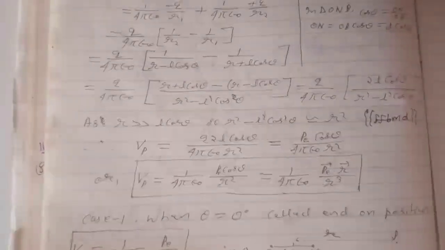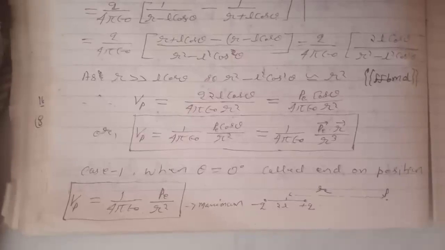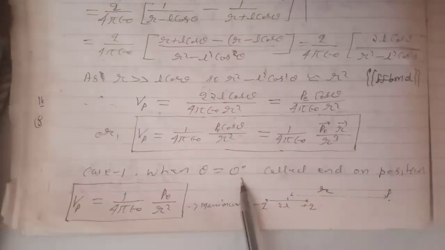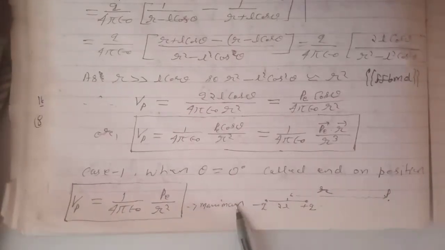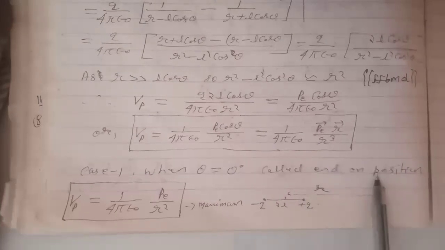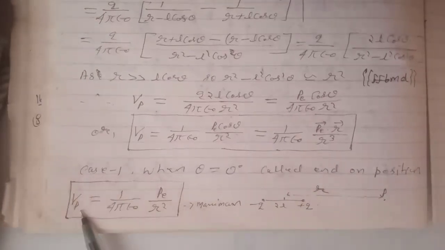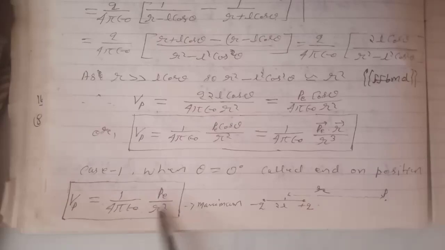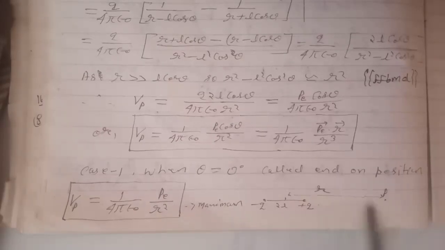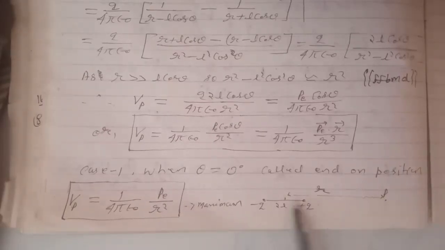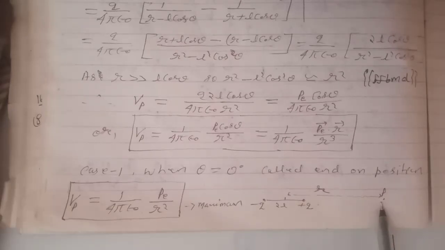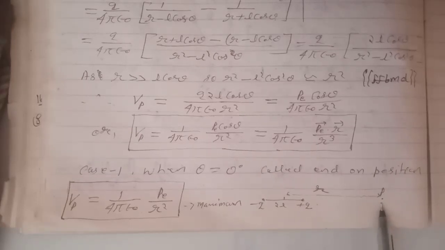Now case 1: when theta equals 0 degrees, called end-on position, Vp will be 1 by 4 pi epsilon naught p by r square. This is the situation for the end-on position, that is, the point is along the line of the dipole or along the direction of the dipole.